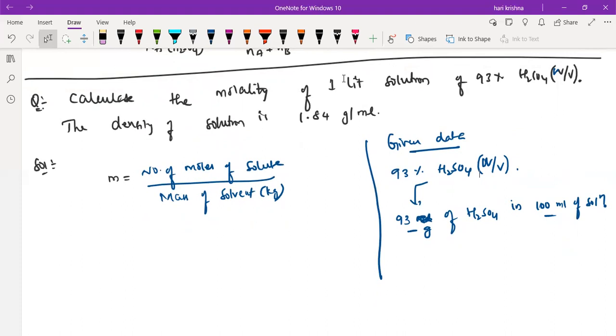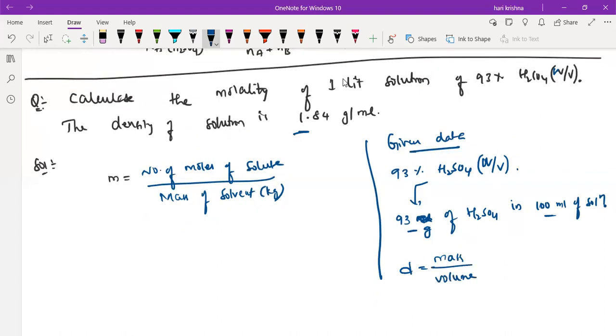Then what can we do now? The weight of the solute is 93 grams, and the volume of the solution is 100 ml. But we don't want the volume of the solution, right? From that, we already get the mass, as density is equal to mass by volume.